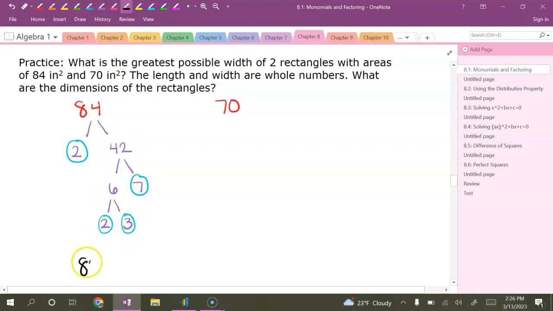Okay, so for 84, I wrote that out as 2 times 2 times 3 times 7. Now for the 70, we're going to do 7 times 10. And for 10, we're going to do 2 and 5.